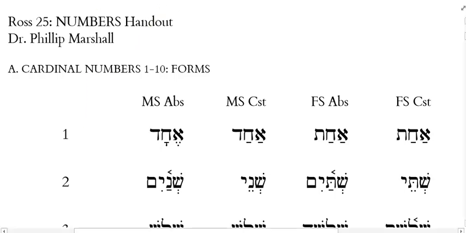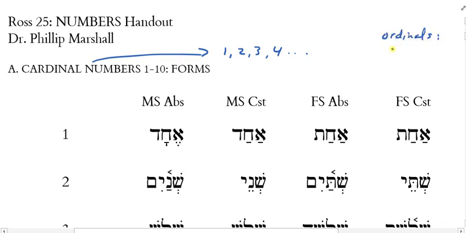In Hebrew, we're dealing with the numbers that are cardinal versus ordinal. And to review, a cardinal number is a number that gives you in a series counting 1, 2, 3, 4, and so on. Ordinals, on the other hand, are also numbers.